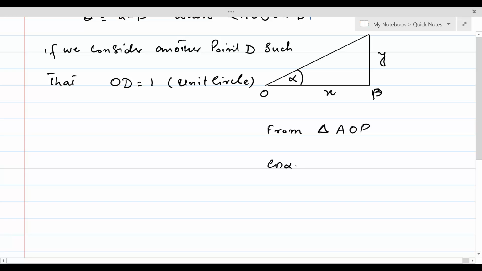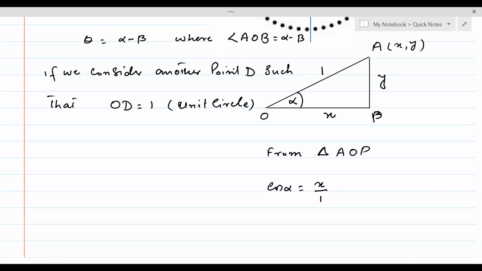Cos of alpha would be equal to x over 1 because it's a unit circle, OA is equal to 1, and similarly sine alpha is equal to y over 1.